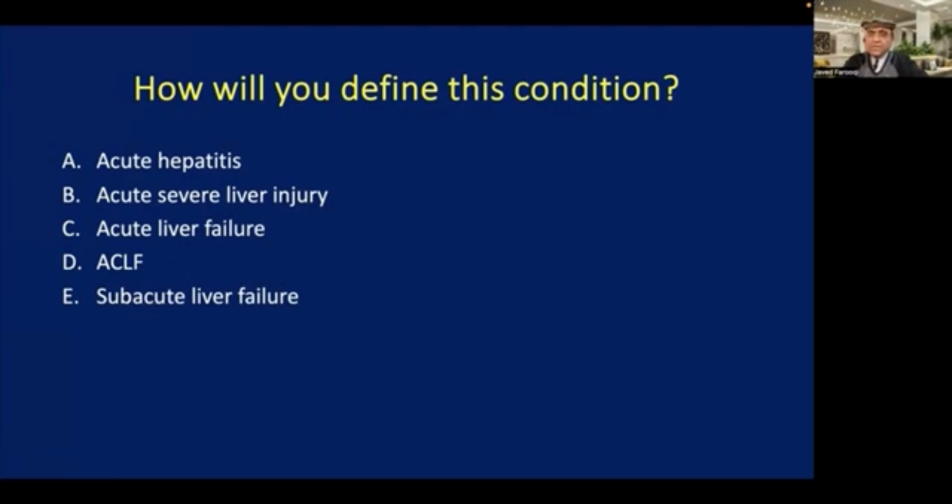So you pick your option and kindly write it down. Do you consider this acute hepatitis, or acute severe liver injury, or acute liver failure, or ACLF, acute on chronic liver failure, or subacute liver failure?